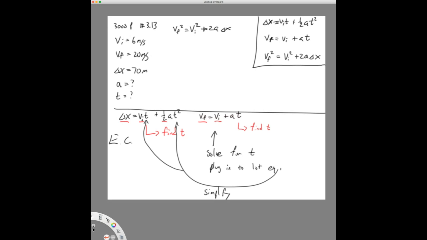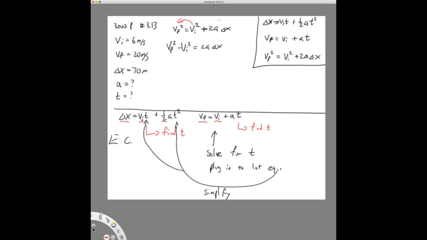So when I want to solve for something, I first move anything that's not attached to it to the other side. So I'm going to move the V initial squared to the other side by subtracting. We get V final squared minus V initial squared equals 2a delta x. So that's a strategy in algebra class. Move the things that are not attached to the other side first by addition or subtraction.